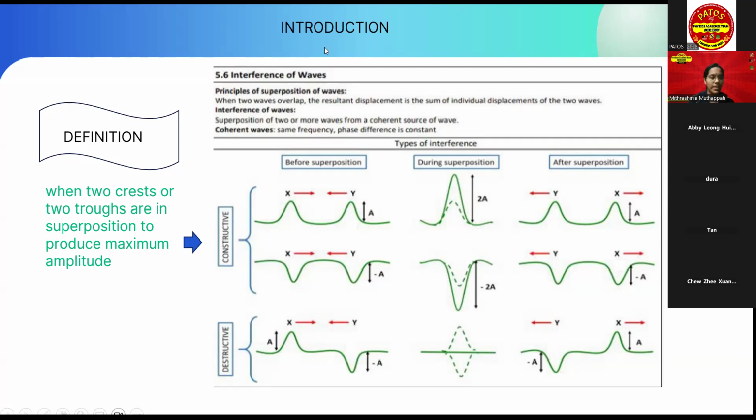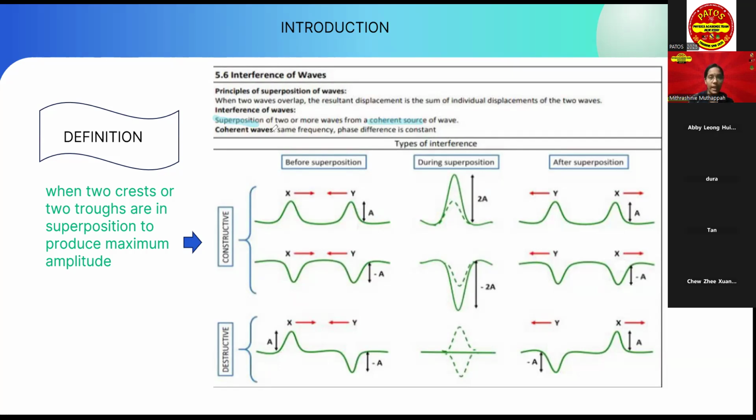Okay, so the keyword in this definition is superposition, and coherent source. These two words must be present when you're writing the definition. And then the third one, we have coherent waves. This term, I will come back to it later.